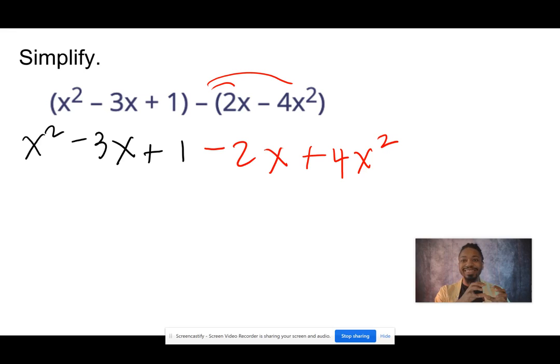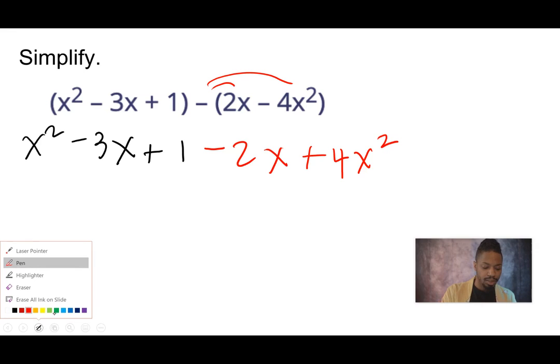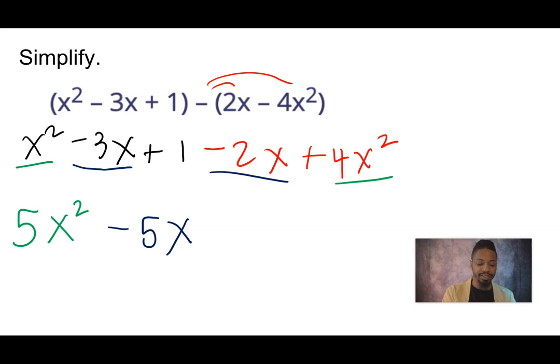Now, CLT, combine those like terms. So we got 1x squared here, we got 4x squares there. That's 5x squared. Then let's see about our x's. We got negative 3x here, negative 2x here, so that's negative 5x.